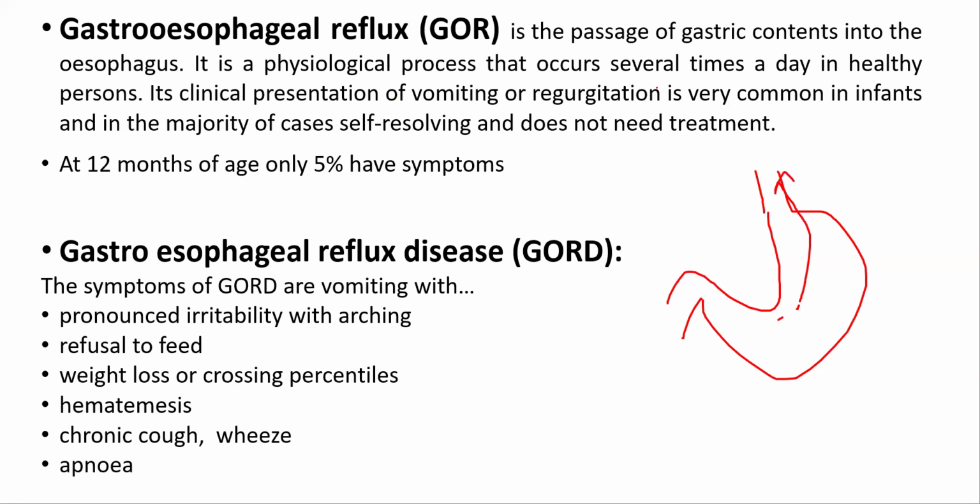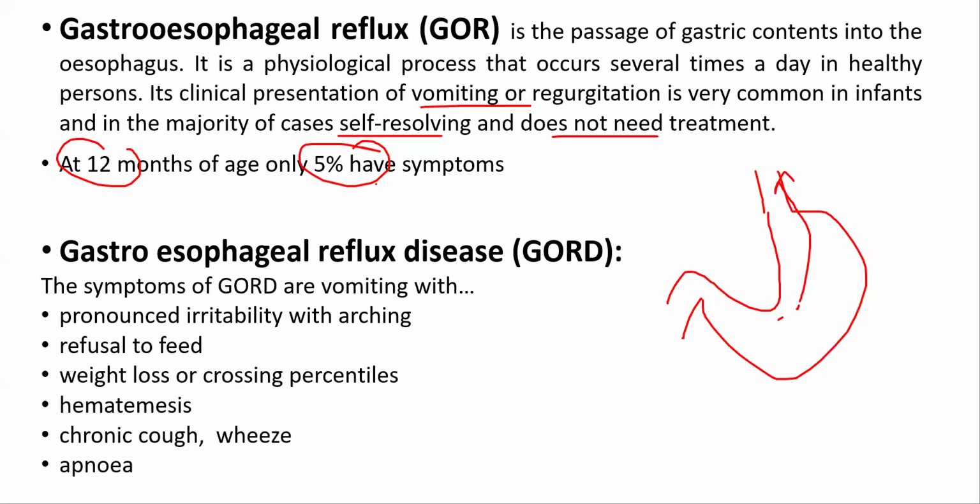Now, it is a physiological process that occurs several times a day in a healthy infant. Its clinical presentation is vomiting. In the majority of cases, it is self-resolving and does not need any treatment. At 12 months, only 5% of children will have this problem. Okay? So gastroesophageal reflux is normal and it's common. There is nothing to be concerned about.